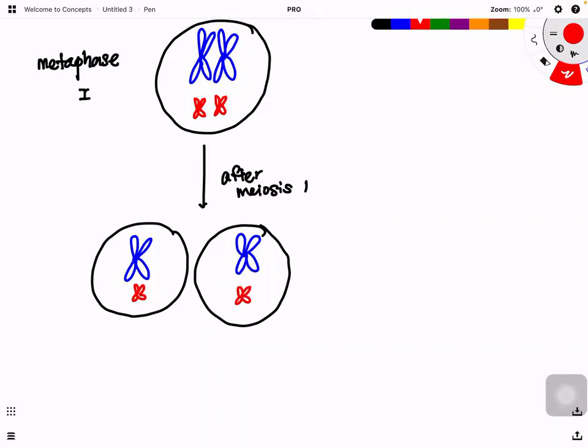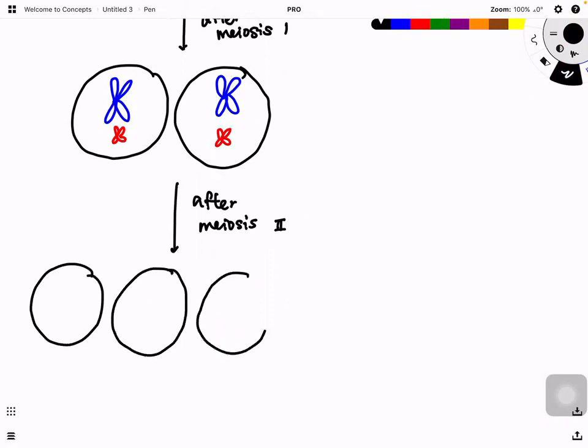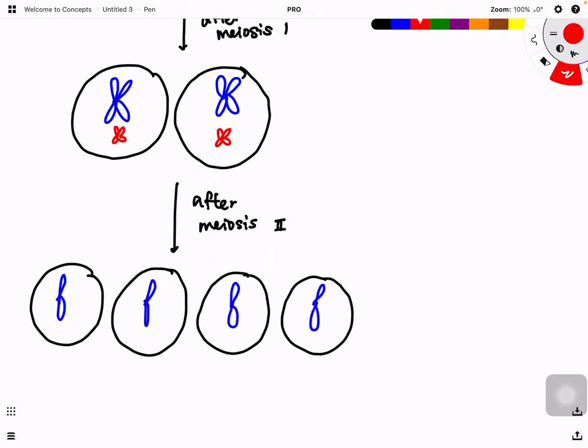Then after meiosis 2, we get 4 cells. In this case, we ignore the effect of crossing over and also independent assortment. You have a blue chromosome and also the red chromosome.